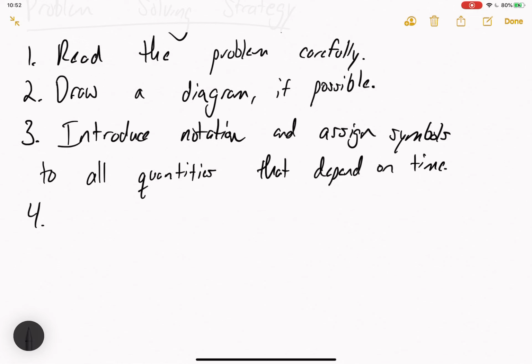Like what we did with the previous problem, we had the change of volume, dV/dt, where V is equal to the volume and r is equal to the radius. And then we have to express the given information in terms of the new symbols we created, the new notation.